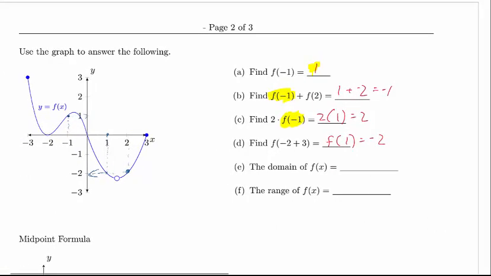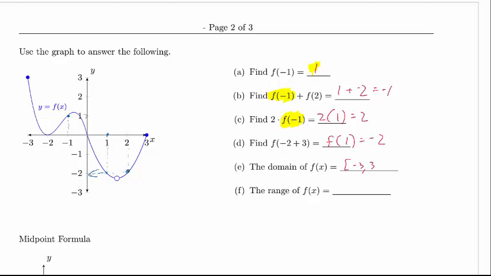What is the domain of f? So the domain is simply all the x values. We can see we've got a filled in circle here, a filled in circle here. So we'll be including those points. So the domain of f, we'll use bracket notation, is negative 3, comma, positive 3.